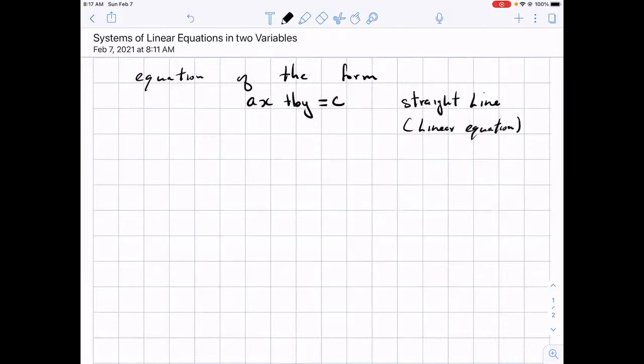Meaning it's just a straight line. Because the graph is a straight line, the equation is said to be a linear equation.